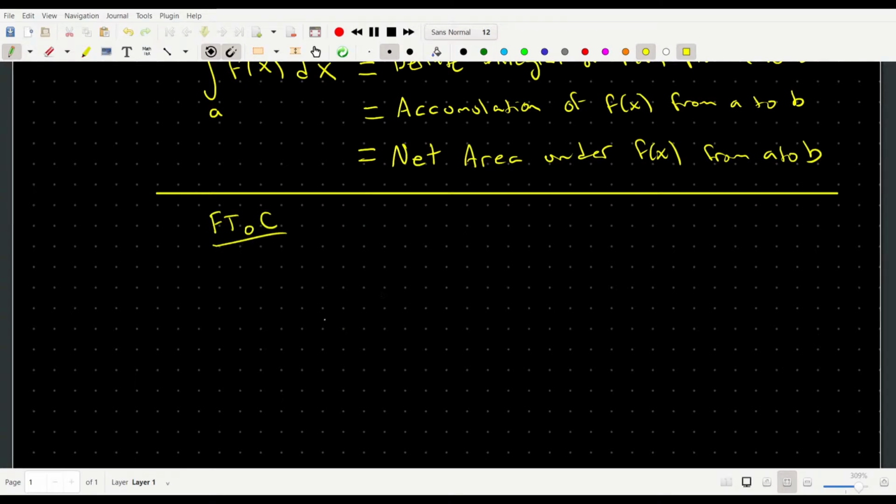There are actually two parts to this theorem, but the main part of interest to us is that the definite integral from A to B of a function f of x, as long as that function is continuous, will be the difference of the antiderivative of the function lowercase f of x at the boundary points.